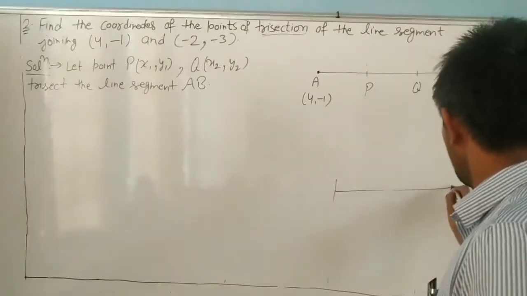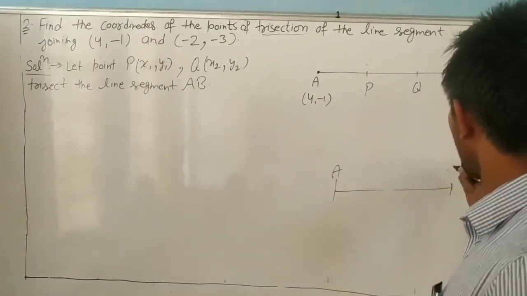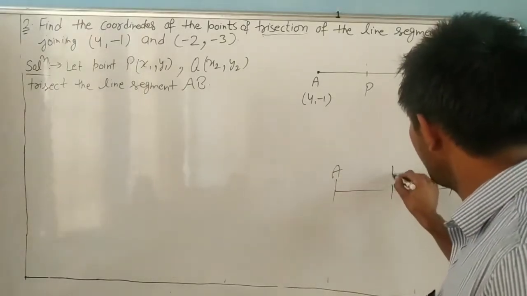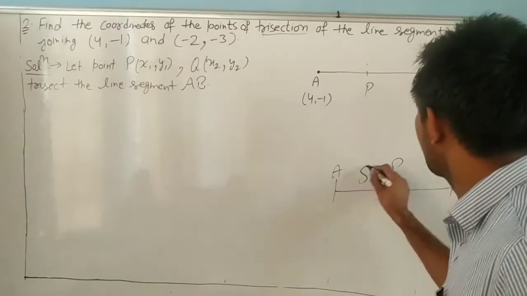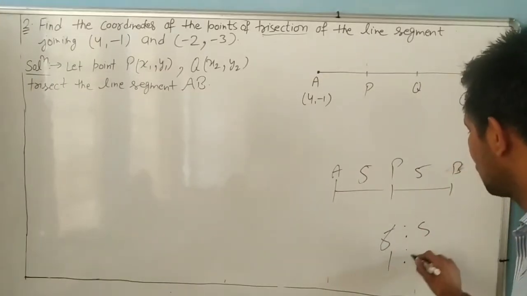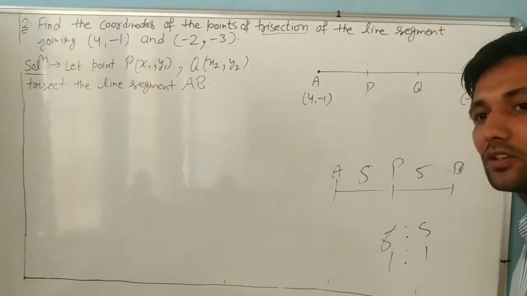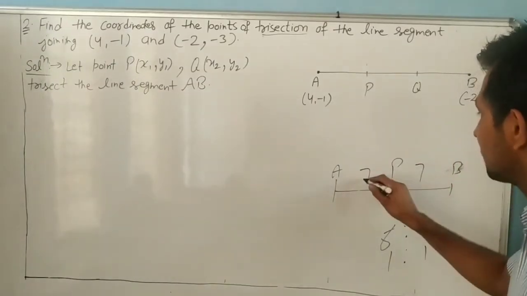Here if there is AB and a point in the middle, bisect means dividing in equal parts. If it is 5, it is also 5. So ratio 5 to 5, how much is the ratio? 1 to 1. If it is 7, it is also 7, and 7 cancels 7.